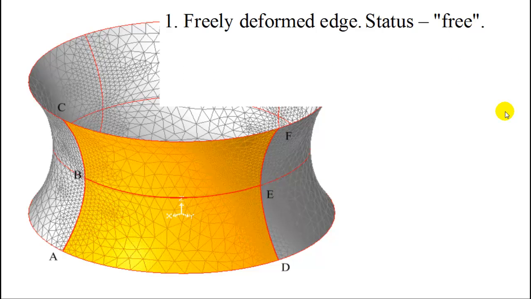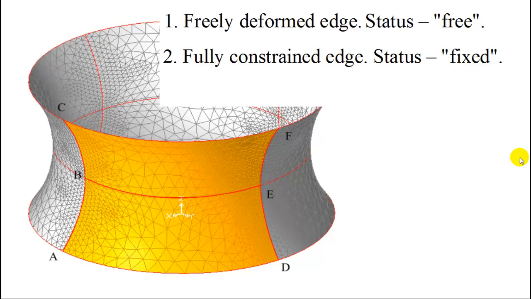First, freely deformed edge. This edge has status free. For example, edges AB, BC, BE, DE, EF. Second, fully constrained edge. This edge has status fixed. For example, edges CF and AD.